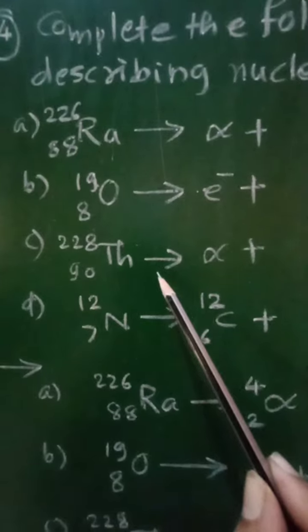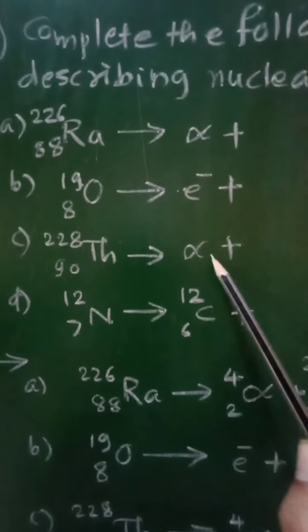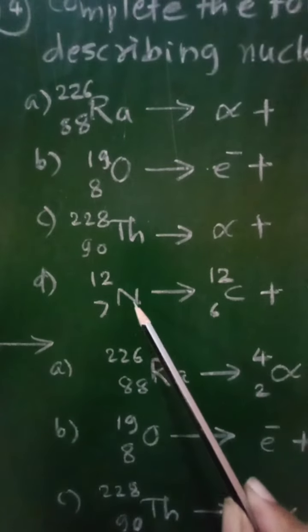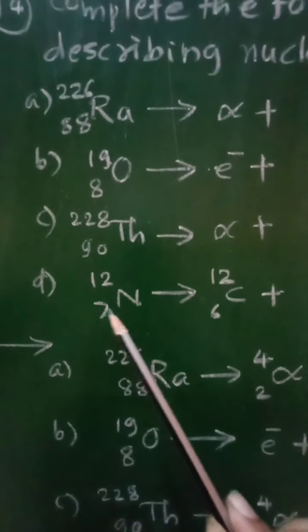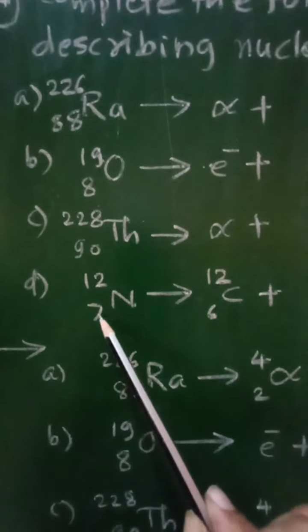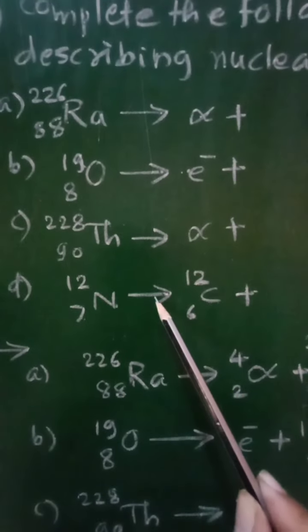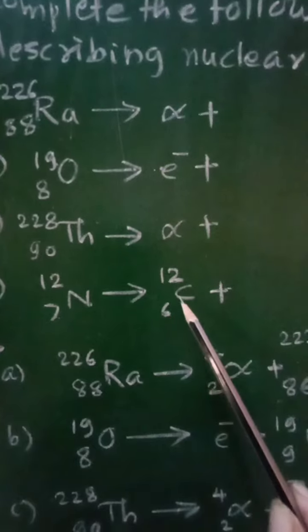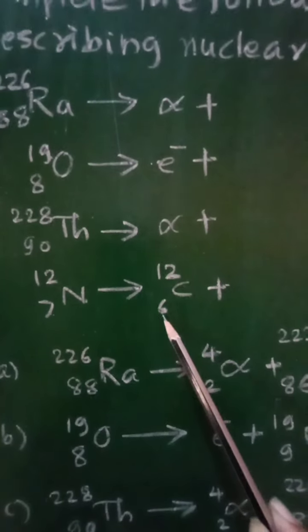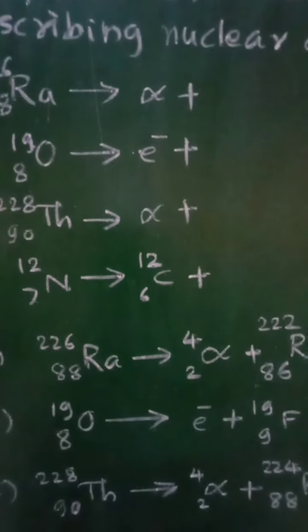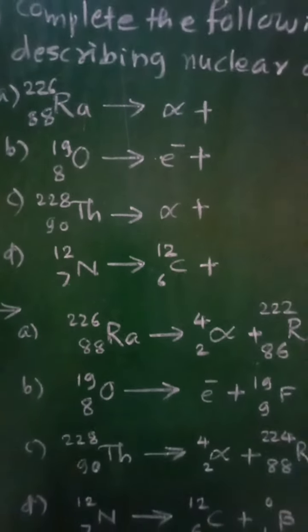When it undergoes decay, it emits alpha particle and plus. Then D is for nitrogen, having atomic number 7, mass number 12. When it undergoes decay, it gives rise to carbon having atomic number 6 and mass number 12, and then plus these products we will have to find out.